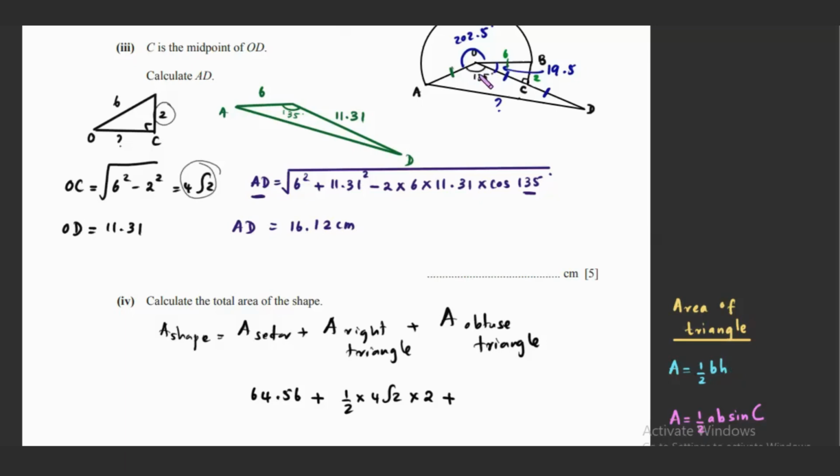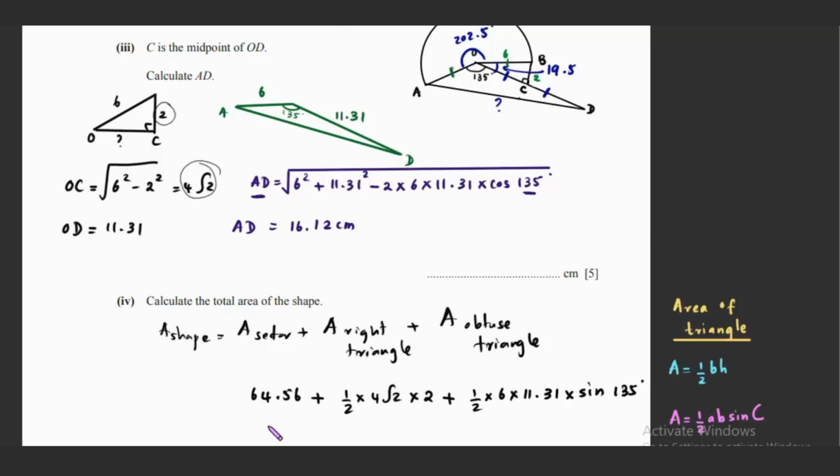But we know the included angle, therefore we can use this formula half times ab sin C. So in that, I'm going to substitute half times a and b will be 6 and 11.31. So 6 times 11.31 times the sine of the angle, and this angle is 135 degrees.